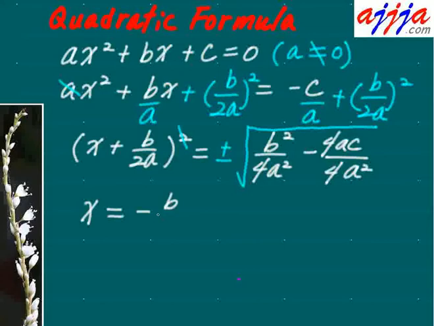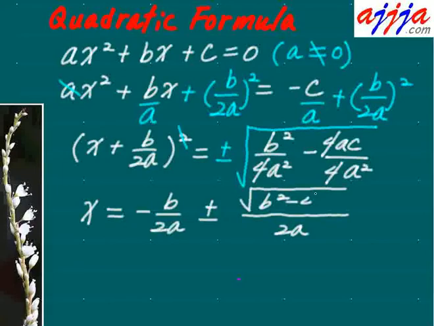So x equals minus b over 2a. Now we just attach this one right there. Then square root, but the bottom portion, which is the denominator, is 4a squared. So this is going to be, perfect squared, 2a. Now the top portion, no choice, just like this: b squared minus 4ac.